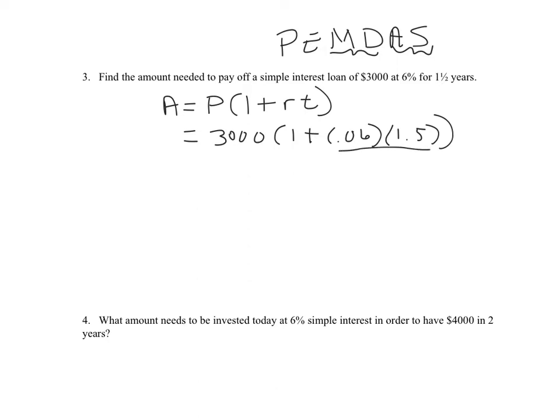So you'd want to do this first, add 1 to it, hit enter, and then you can multiply it times 3,000 at the very end. And that would give you $3,270.